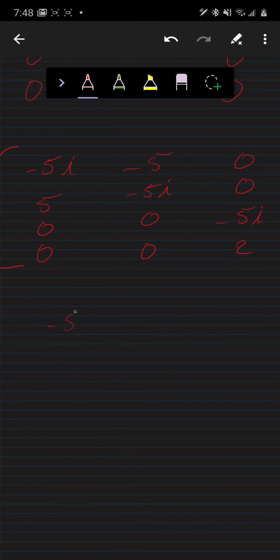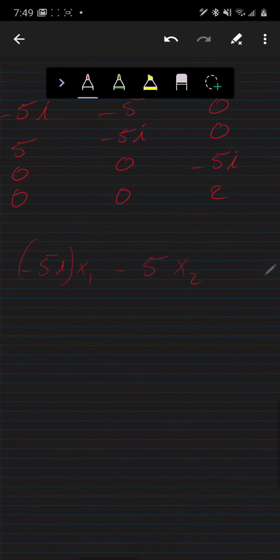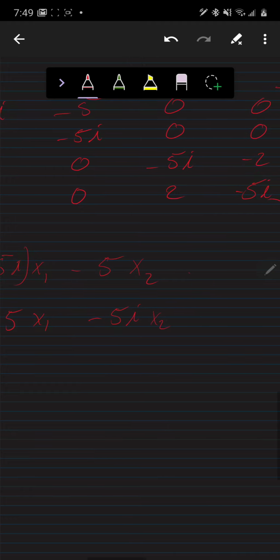So it's going to be negative 5i x1 minus 5 x2. And this is going to be 5 x1 minus 5i x2, equal to 0, 0.